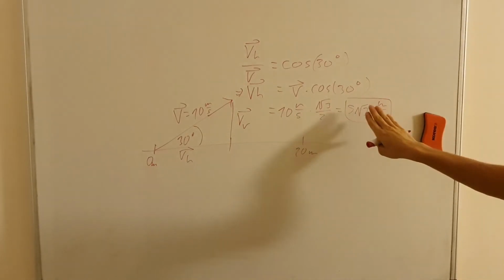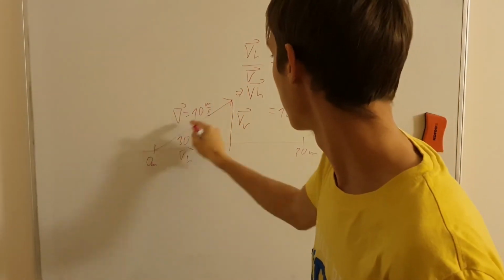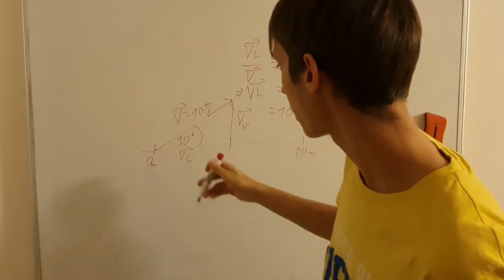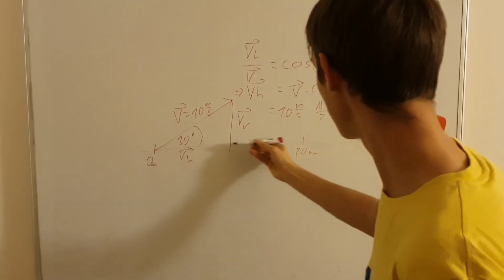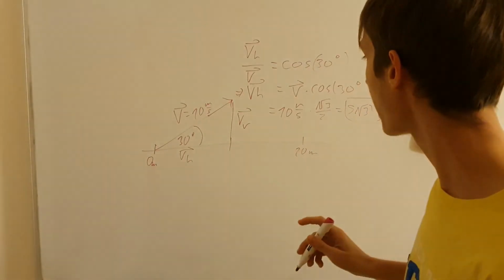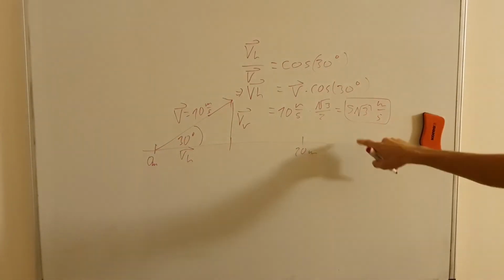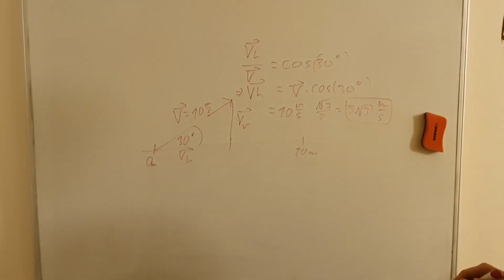Alright? So I got this expression right here, and what it tells me is that although the ball is moving at 10 meters per second in this direction, towards this point that I'm actually caring about, it is moving at this speed, which is a little bit smaller than 10 meters per second.